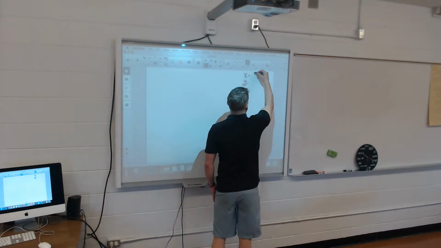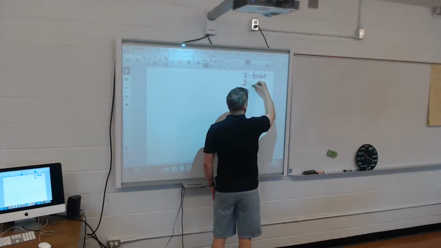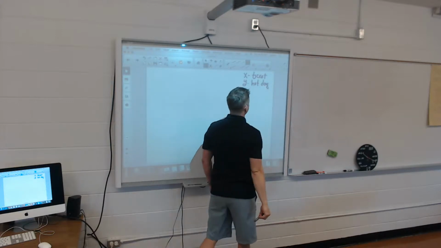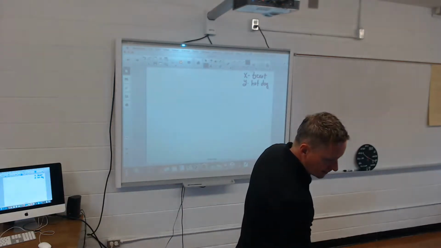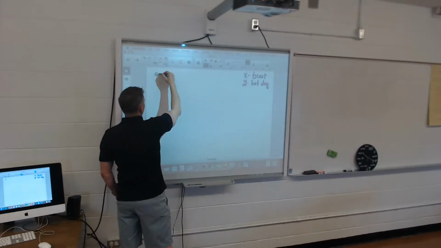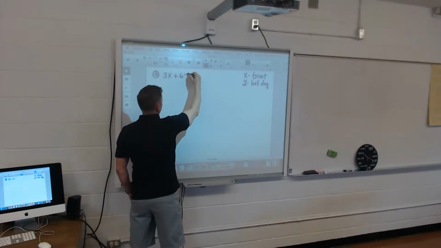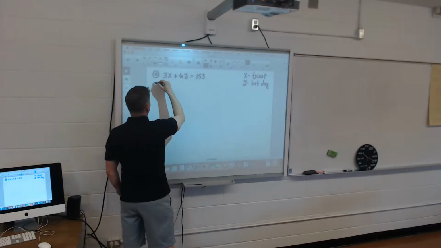So X represents the ticket price, and y is going to represent the hot dog price. Ryan bought 3 tickets and 6 hot dogs. So equation A, 3x plus 6y equals 153.